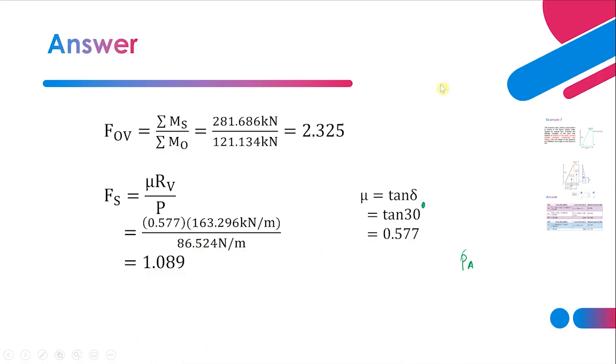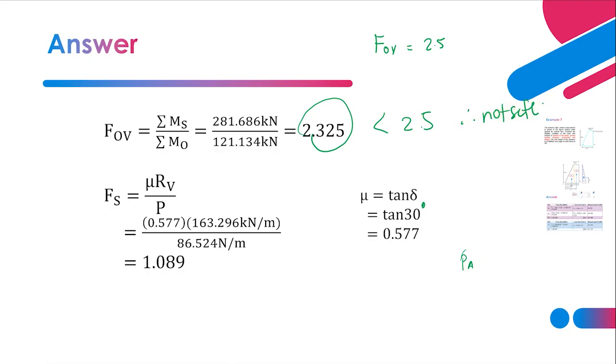So once you get all these values, you don't need to compare with anything, because usually in the question it will give some values, what is the acceptable factor of safety. So if you get less than the given value, it means it will fail. For example, the given factor of safety against overturning, the safe value is 2.5, then you get 2.35, so it is less than 2.5, meaning it is not safe.